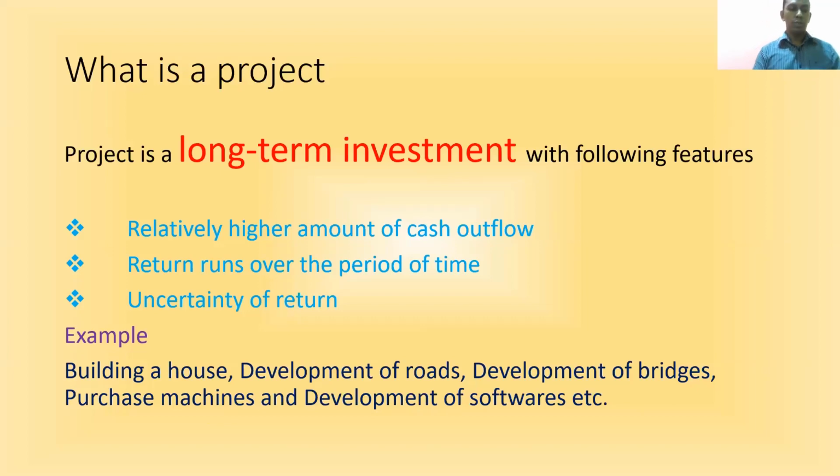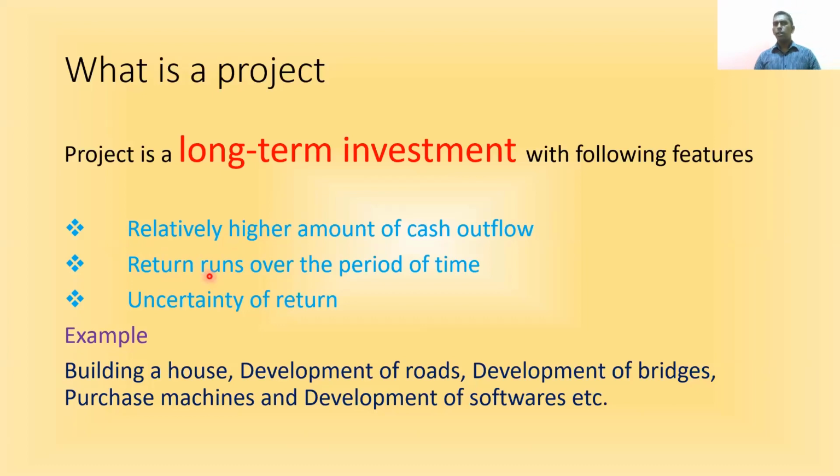These are the features, my dear students. Look at what the features are. The first one is a relatively higher amount of cash outflow. Then returns are generated over a period of time, and there is uncertainty of the returns.